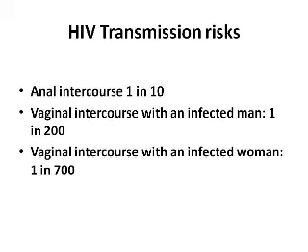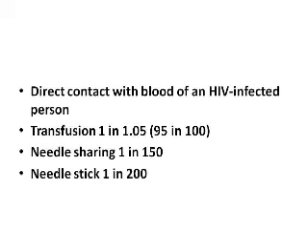Now, direct contact with the blood of an HIV infected person is another way of transmitting HIV. When there is a transfusion of blood, there is a 95% chance that the person will become infected if the donor is himself infected.